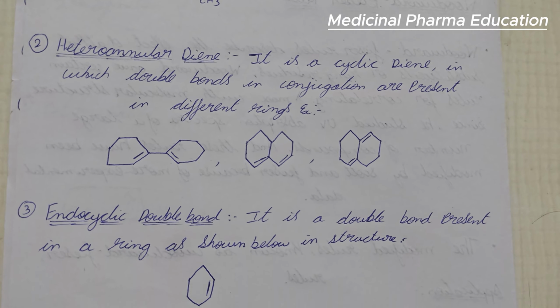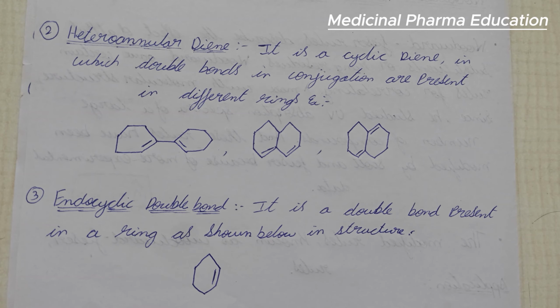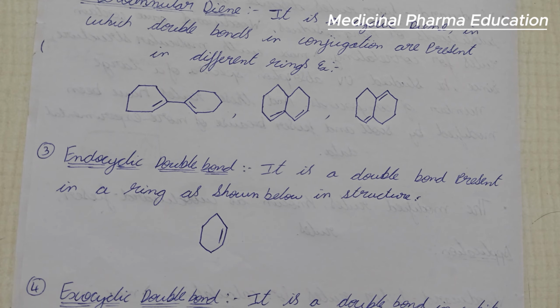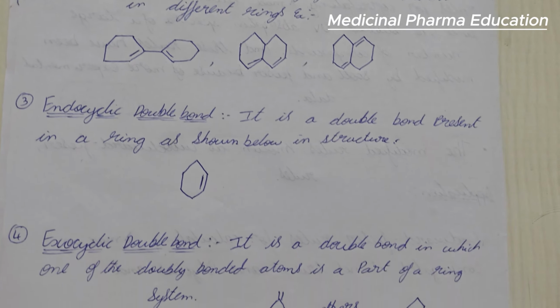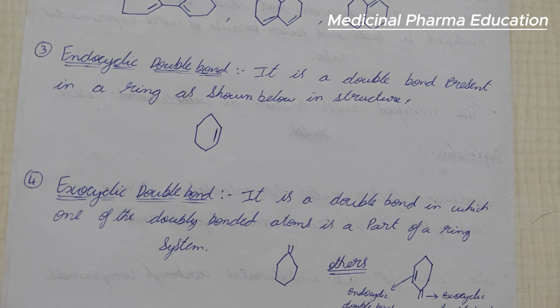Next, endocyclic double bond. Endo means inside. As the name says, the double bond is present in the ring, as shown in the structure. Next, exo means the opposite of endo, which is outside.